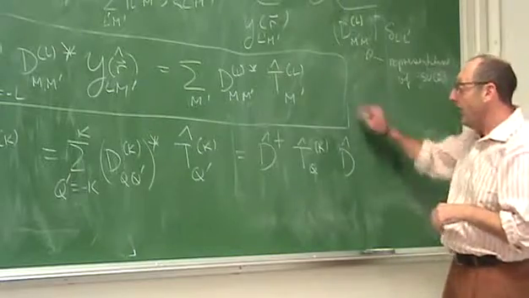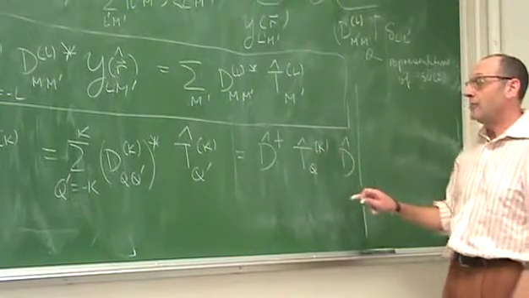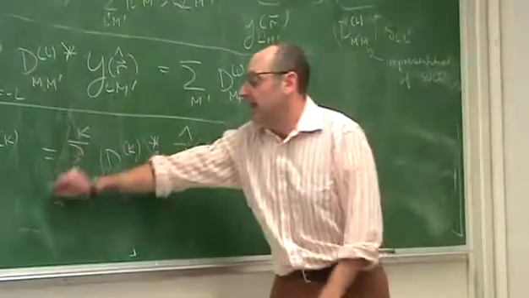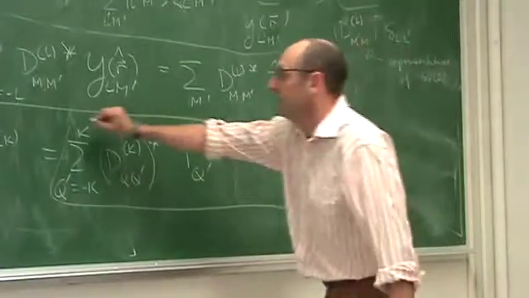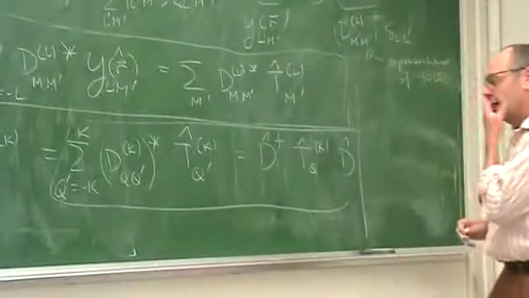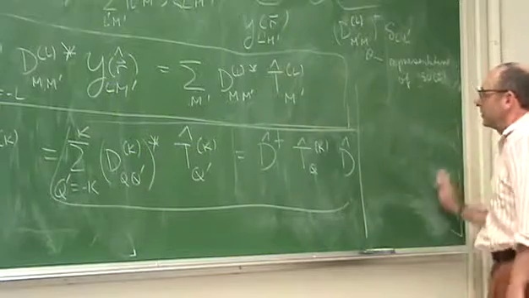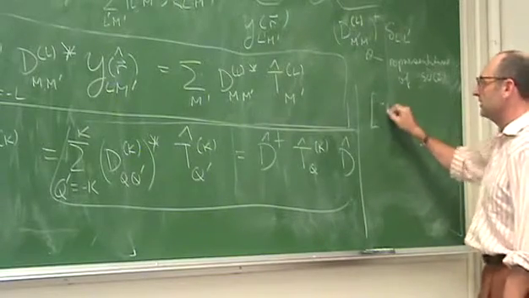So another way of defining the tensor operator is we have this transformation, but another way to write it down is in terms of the commutation relation, which says the following.